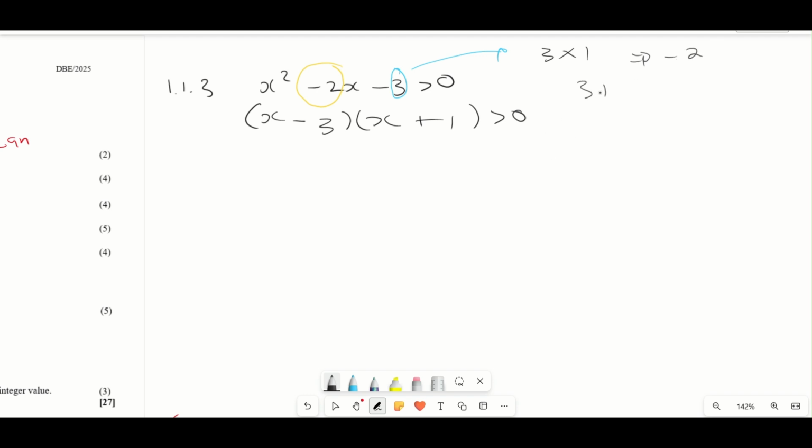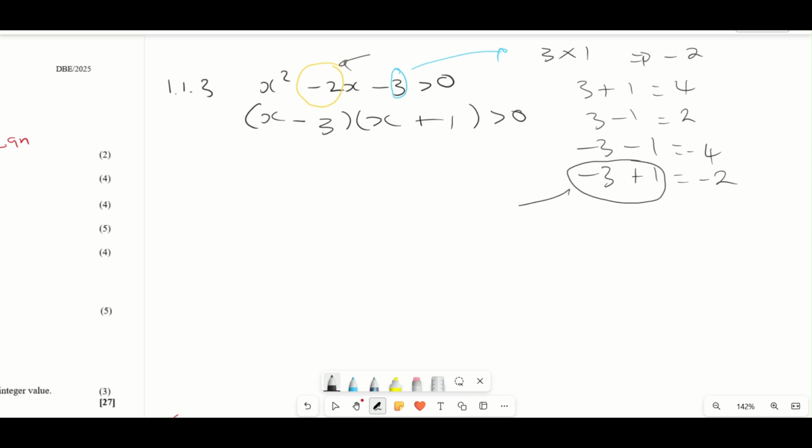Just like 3 plus 1 will give me a 4, right? 3 minus 1 will give me a 2. And then negative 3 minus 1 will give me negative 4, my bad. And then negative 3 plus 1 will give me a negative 2, which is what I want right there. So I'll take this one here.